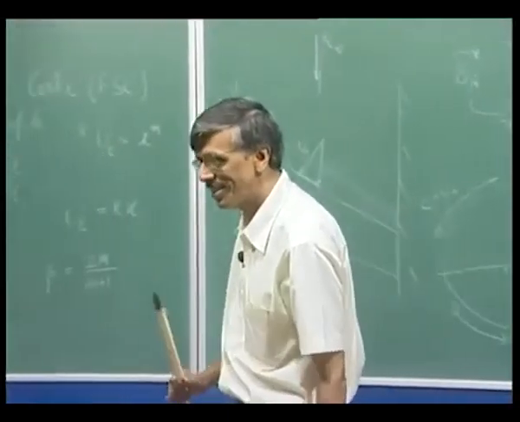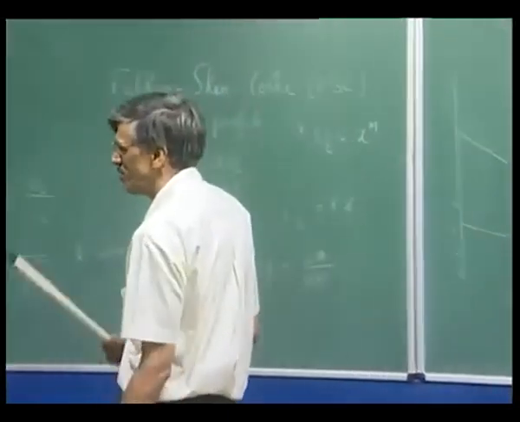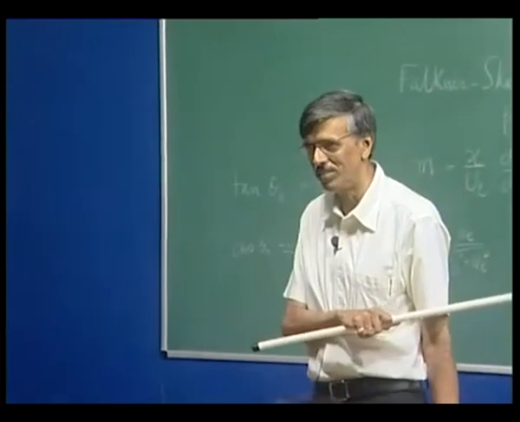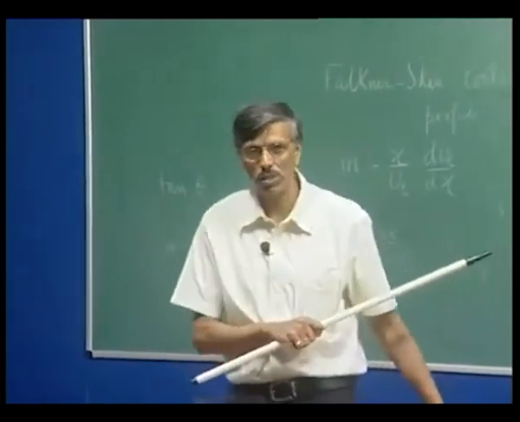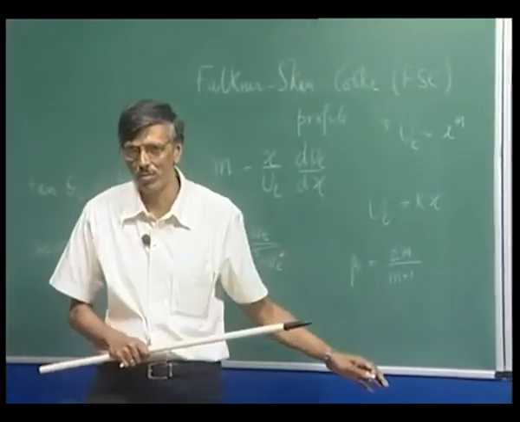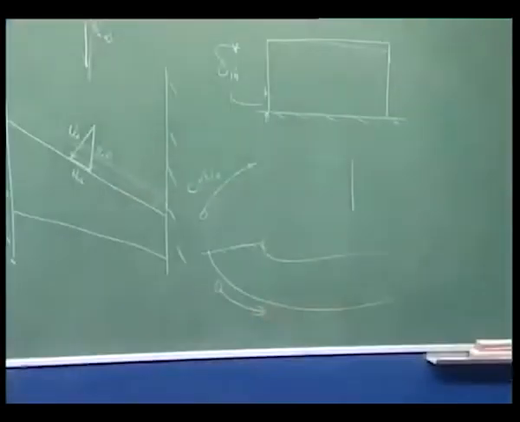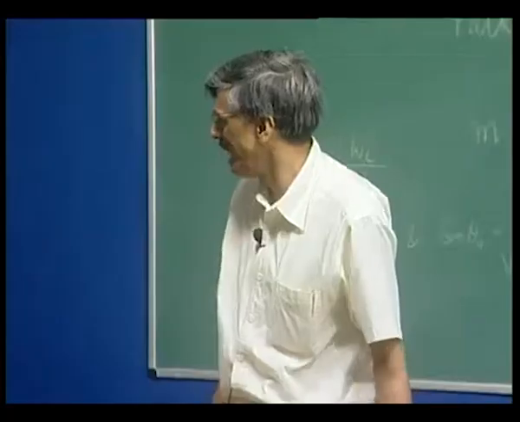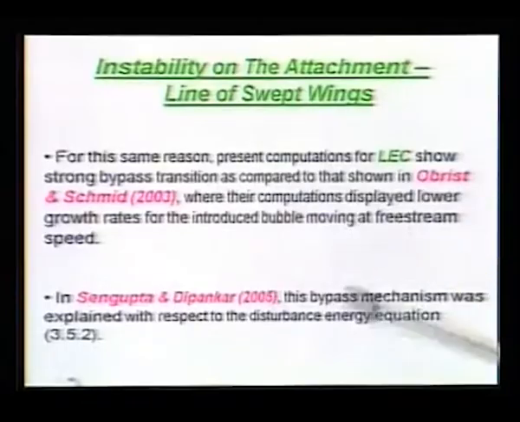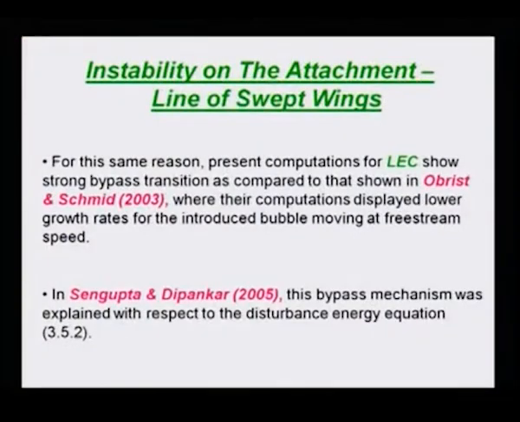See, look, there is a qualitative difference between what we did and what they tried. They tried to study it as a three-dimensional problem, and they put this convecting vortex outside, but it was forced to go at resting speed. That's why they did not see any effect at all, a very, very marginal effect.